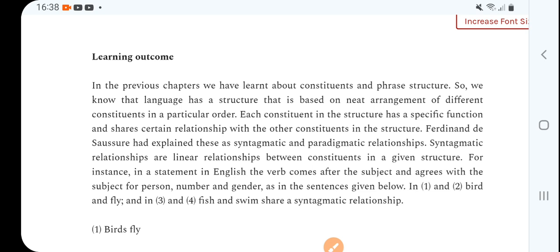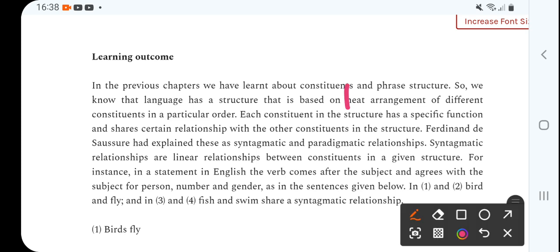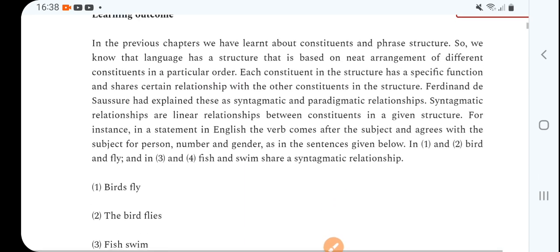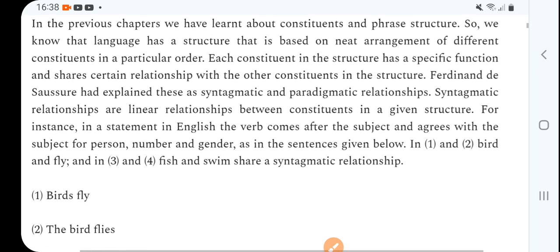Language has a structure based on neat arrangements of different constituents in a particular order: subject, verb, then object. Each constituent in the structure has a specific function.